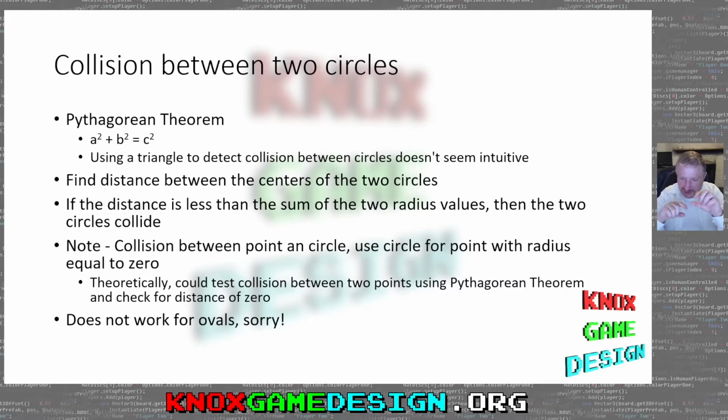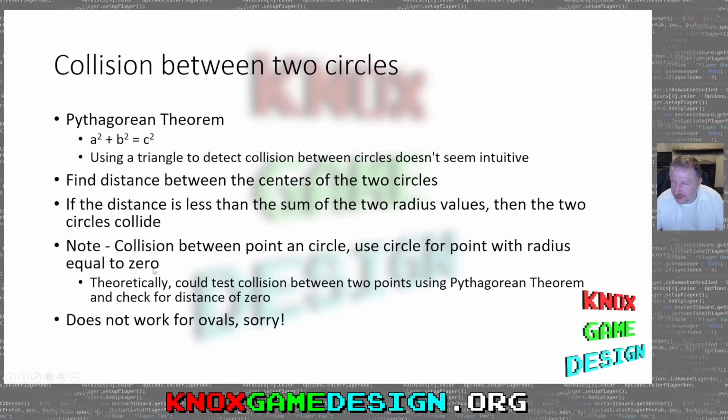If the sum of those two radiuses is less than the distance between the two center points, then we know they don't collide. But if the sum of the radiuses is greater than the distance between the two center points, then we know that they do collide.